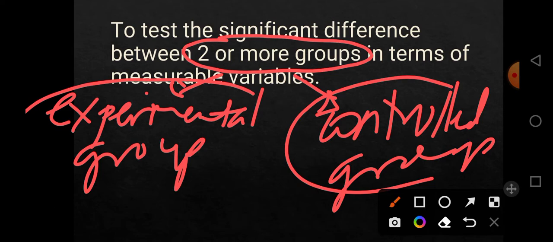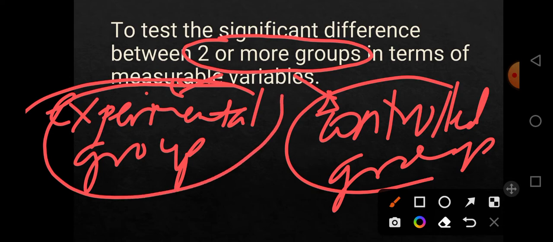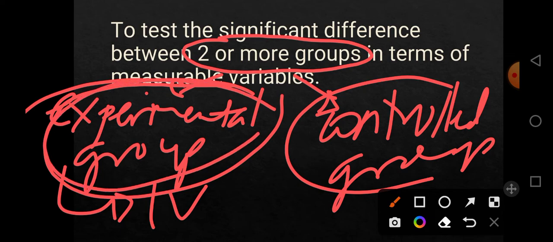Now, what is the difference between the two groups? The experimental group is the group you will be using in your experimental setup that utilizes the independent variable. Always remember that the experimental group is the one that uses the independent variable.